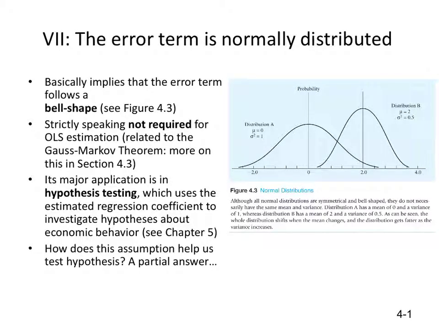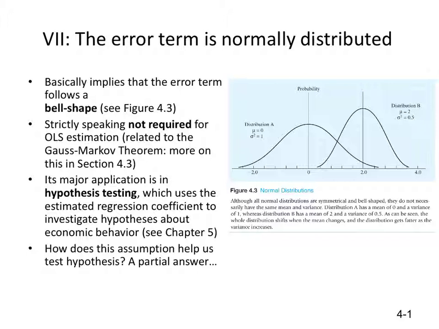Okay, while classical assumptions 1 through 6 allowed us to claim that ordinary least squares was going to give us the minimum variance and on average correct, that is to say, best and unbiased estimates among all possible alternative estimation techniques, the seventh classical assumption is not really going to do anything like that.